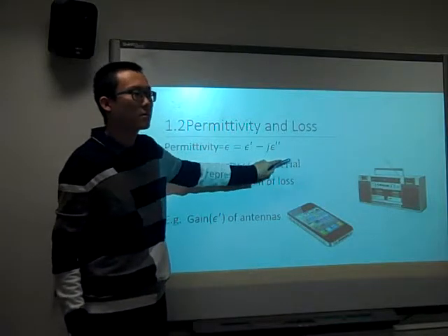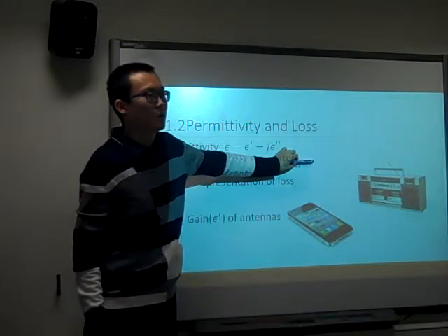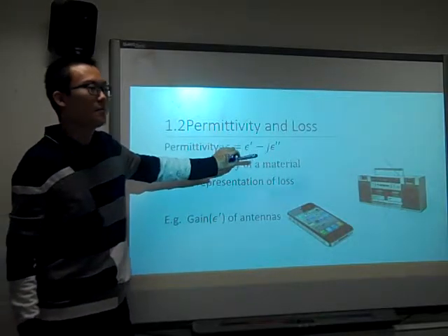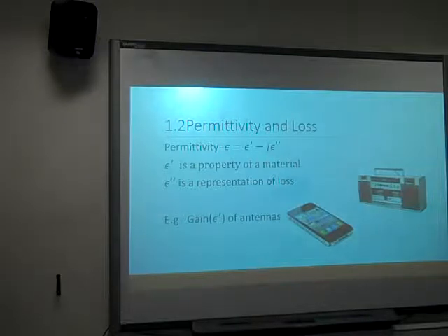And this is an imaginary part. It's a complex number. Do you know complex numbers? Such as maybe we can say 3 plus 1i. Yeah, but in engineering we use j to take the place of i.